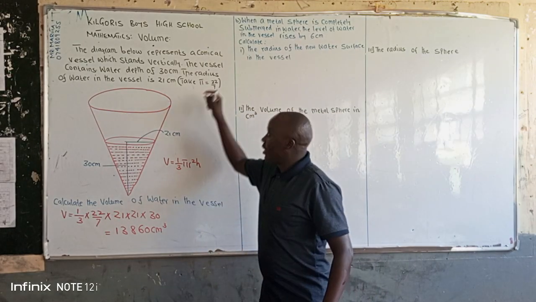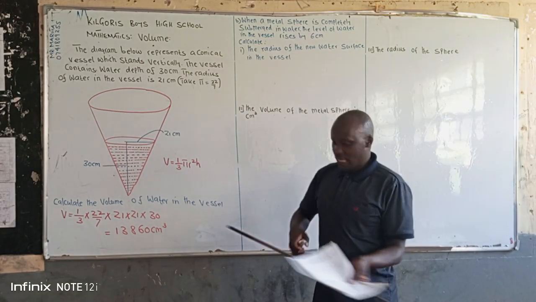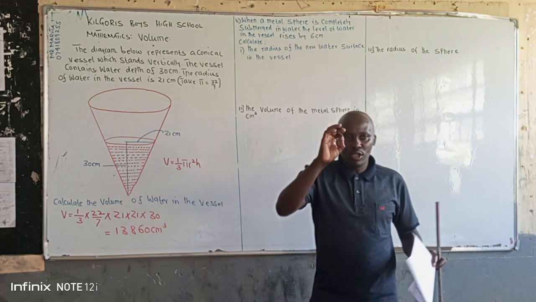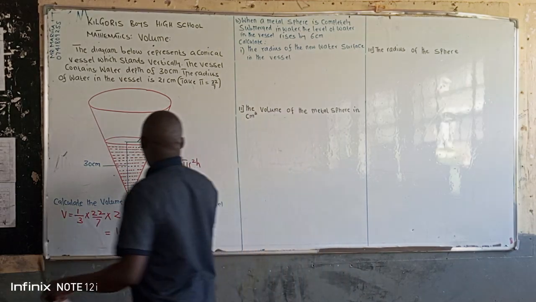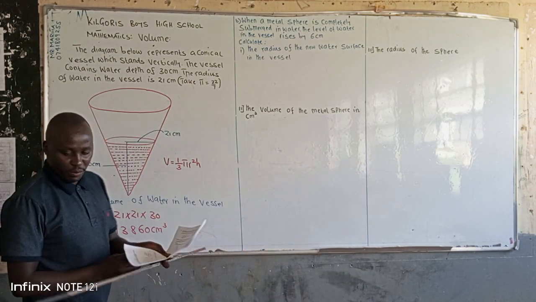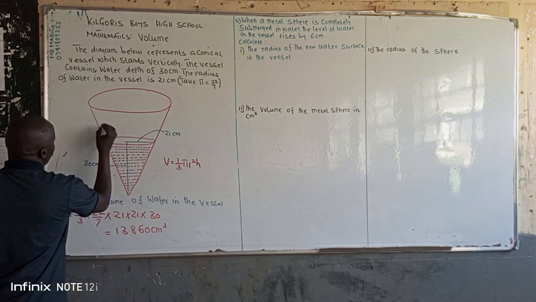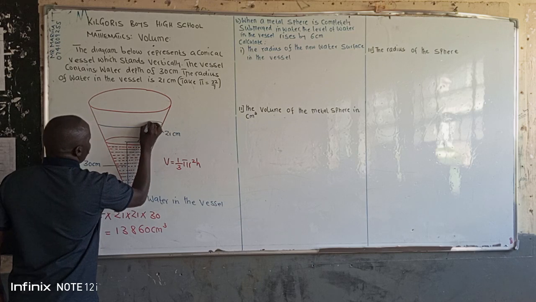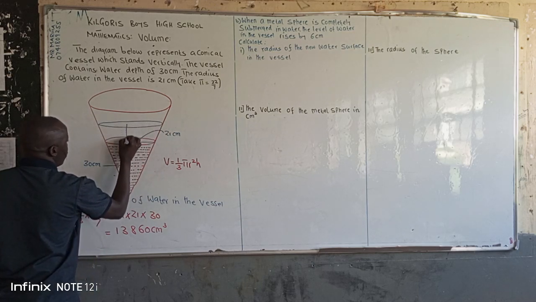If a metal sphere is submerged, the level of water rises by 6 centimeters. So we are going to have a new height of water. The new height of water will be somewhere here. The water will be raised by 6 centimeters, and then we have that new level of water up to there.